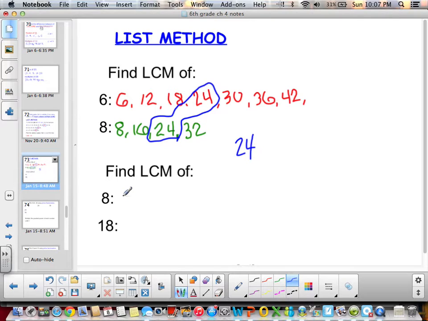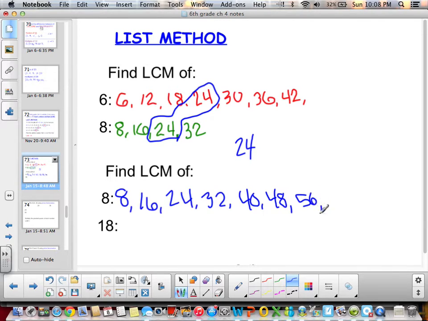So first we're going to list out our multiples, and we can kind of just look up ahead and see that we have 8, 16, 24, 32, 40, 48, 56, and I'm just going to stop there for now.